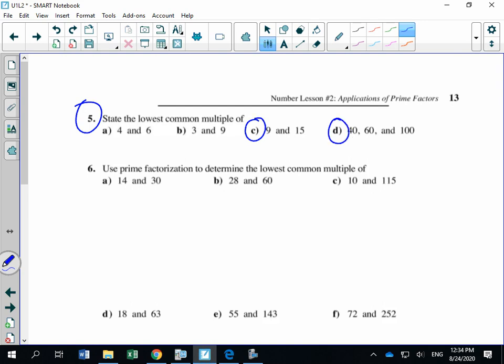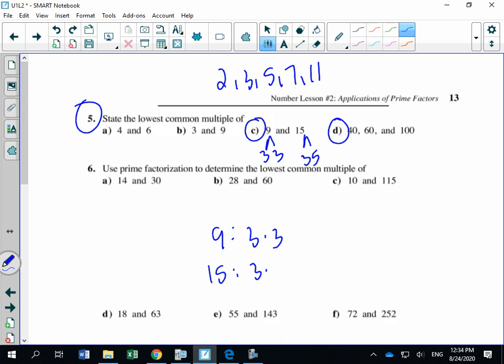And let's do prime factorization. So let's rewrite each number as a product of the primes, right? 2, 3, 5, 7, 11. 9 is going to be 3 times 3. 15 is 3 times 5. The LCM, you take all of the factors of your first number.